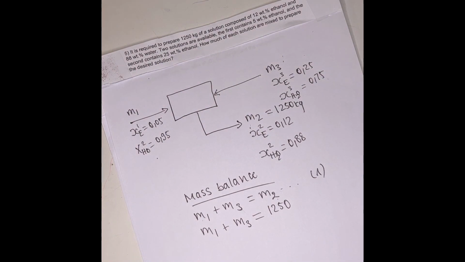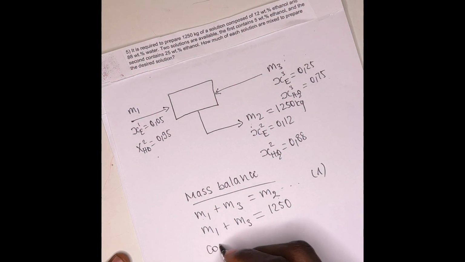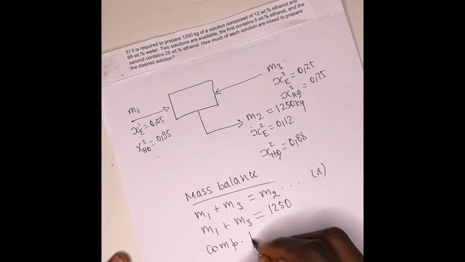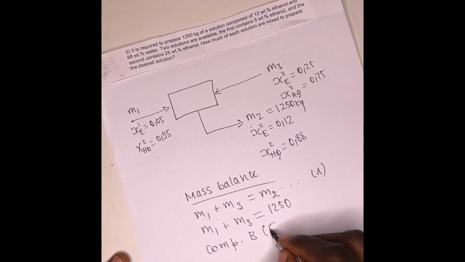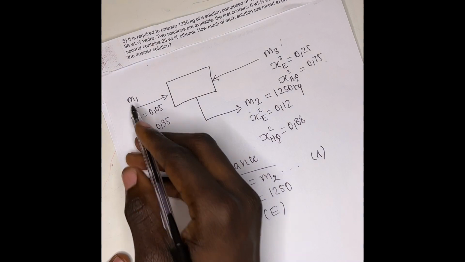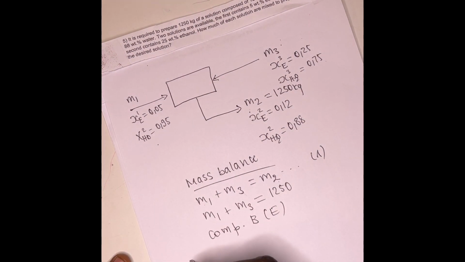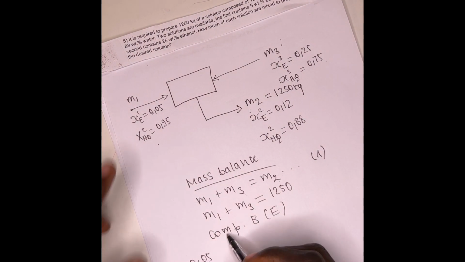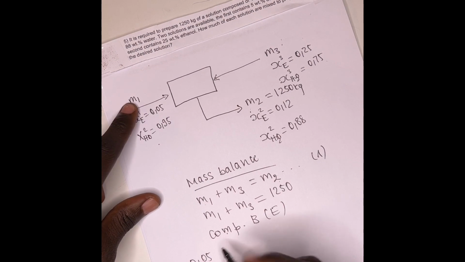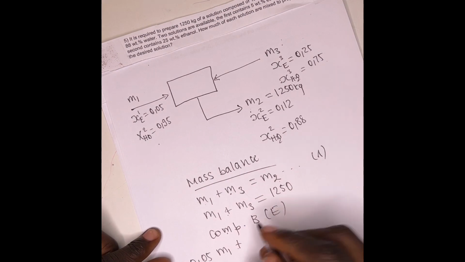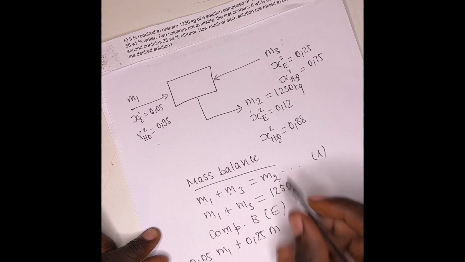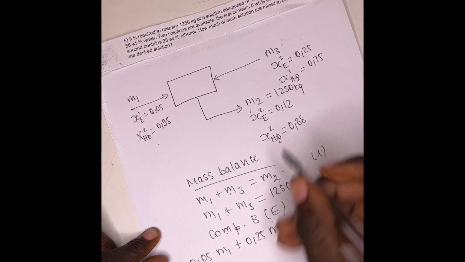Good. So now the second one, we need the component balance. The component balance we're going to do for ethanol and water. Here we're going to start with ethanol. So we know M1, we know 0.05 is ethanol in stream 1, plus stream 3, ethanol is 0.25 times M3.